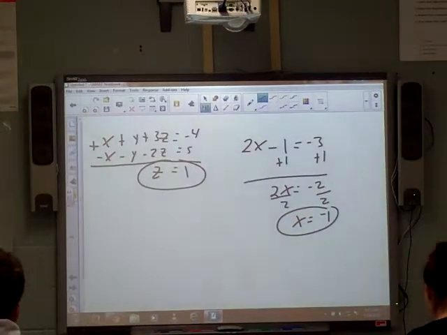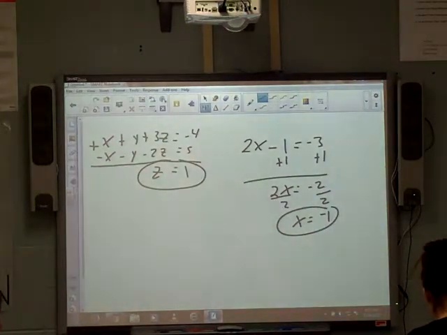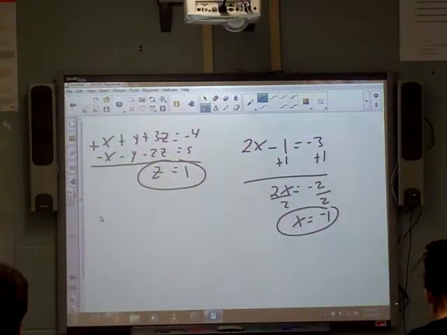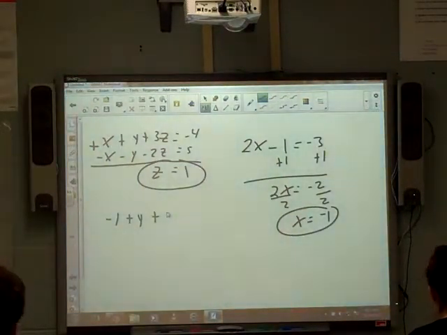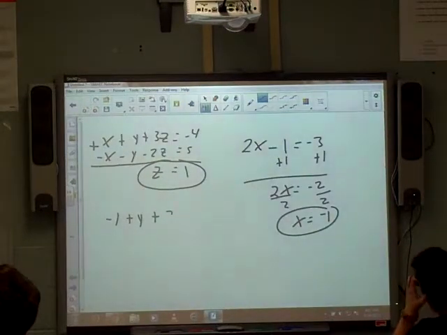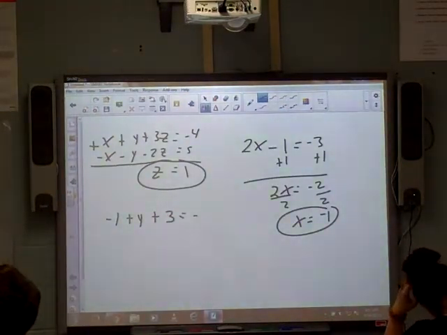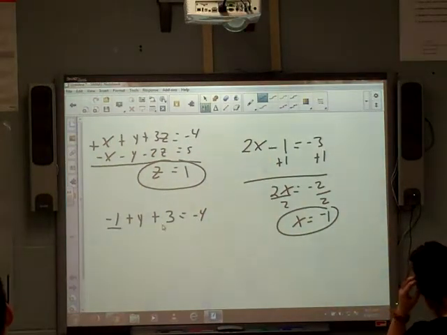Now we have to take our x and our z back to one of our original ones to find our y. I chose the first one. So I had x plus y plus 3z, and z is 1, so 3 times 1 stays 3, is equal to negative 4. This negative 1 and 3 gets me 2.